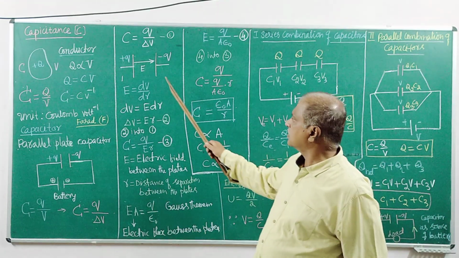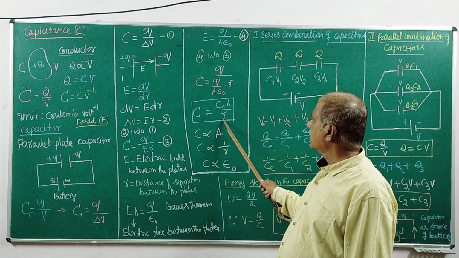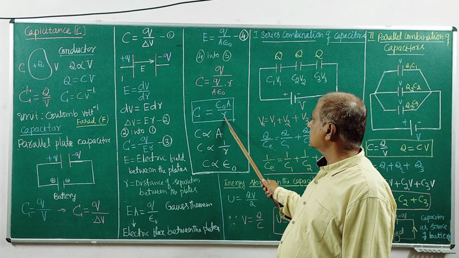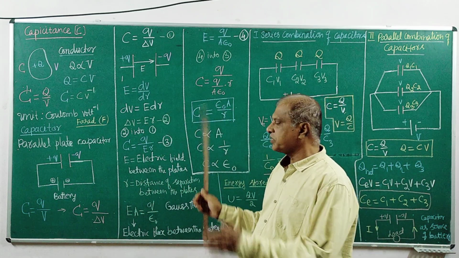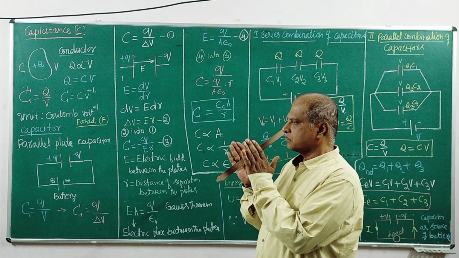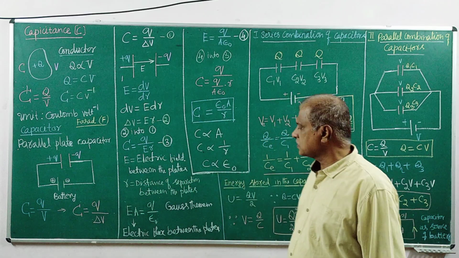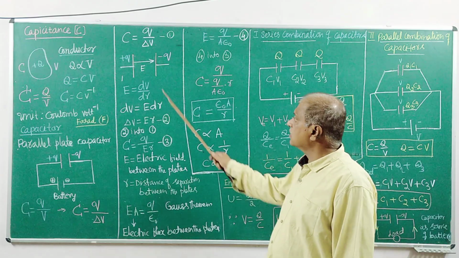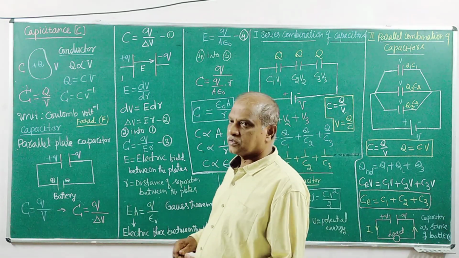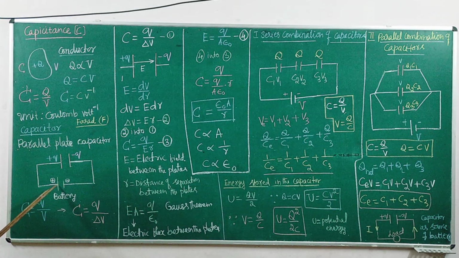While designing a capacitor for more capacitance, we keep all these parameters in mind: the area of the plate, the distance of separation, and the dielectric constant of the material. The plates are sandwiched with a thin layer of insulating material. We need these parameters to design a capacitor with more capacitance, because in the capacitor, charges are accumulated.